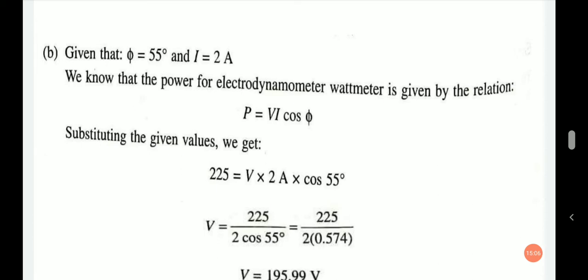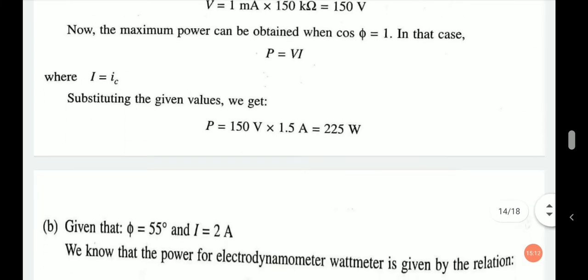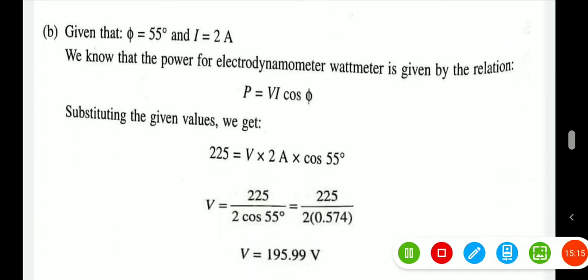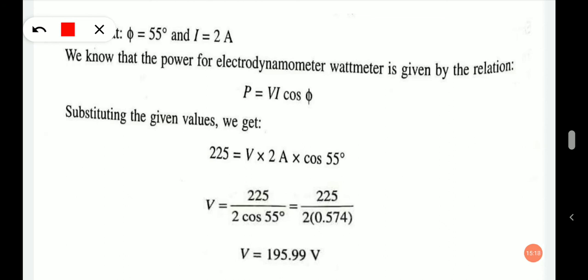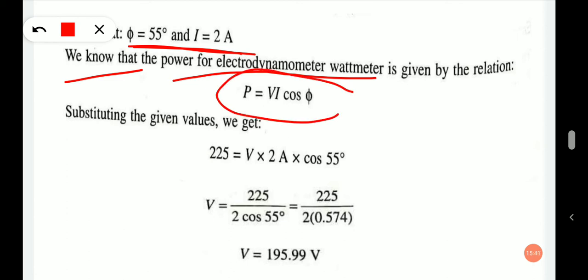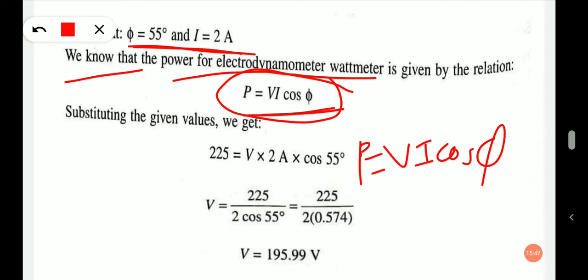Now the second part that we have to calculate is the voltage applied to the moving coil circuit. So we have the data: the phase angle is given as 55 degrees and the power is dissipated in a load of 2 ampere, so the load current is 2 ampere. We know that power for an electrodynamometer wattmeter is given by P equals VI cos phi.